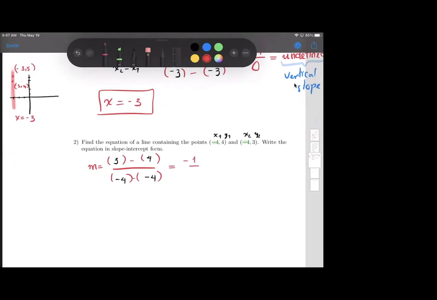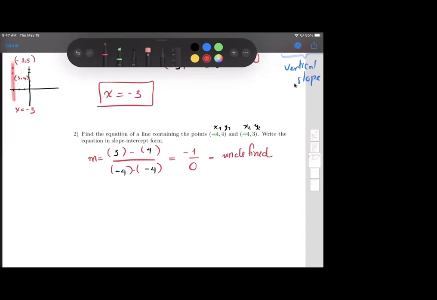So -1/0 again. That doesn't have to be -1 on top all the time, just coincidence. So undefined. Same thing, right? You say it's going to be x equal -4.